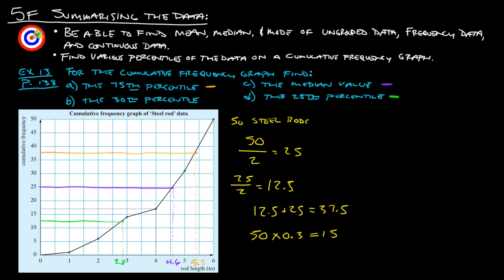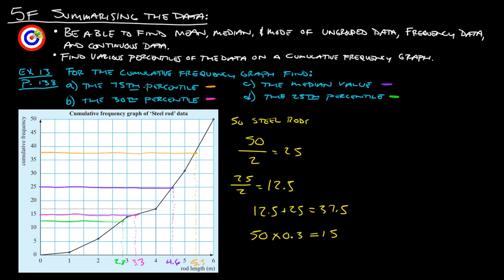So right over here at 15 is where the 30th percentile is. Again, we go straight over at 15, or as straight over as you can, and we go down here. Let's call that maybe 3.3.